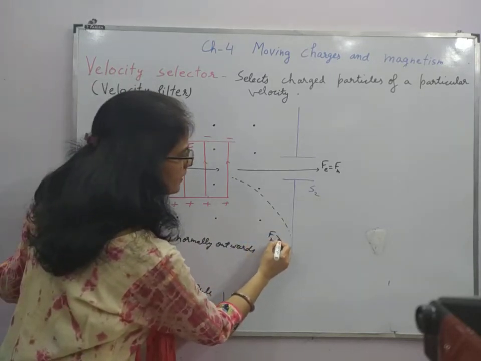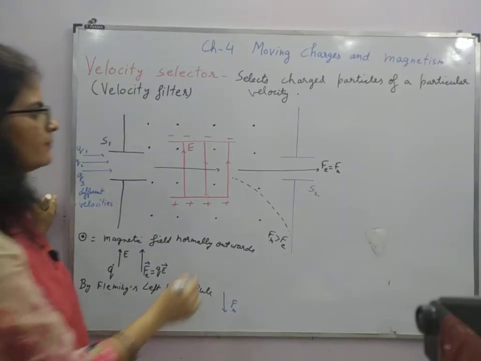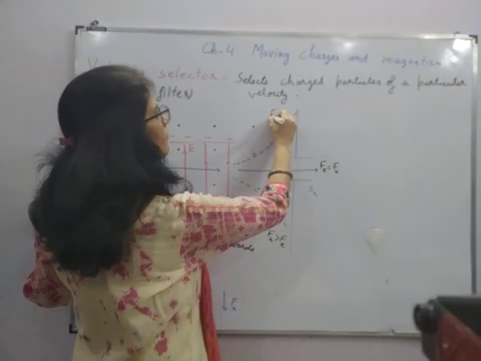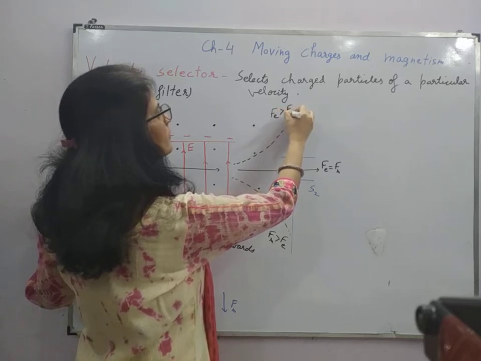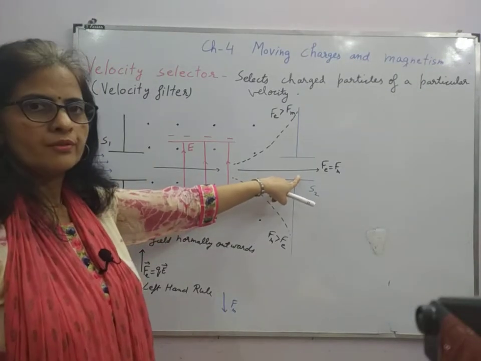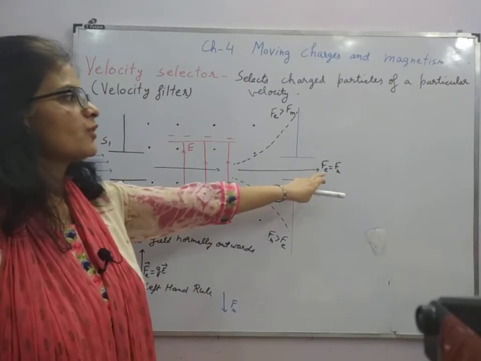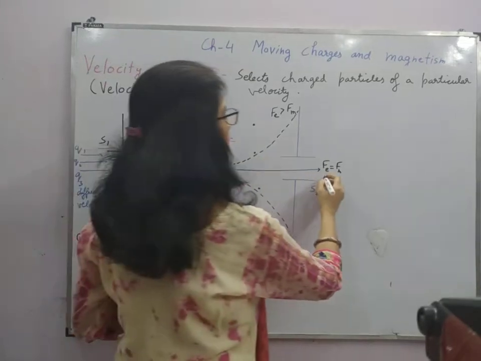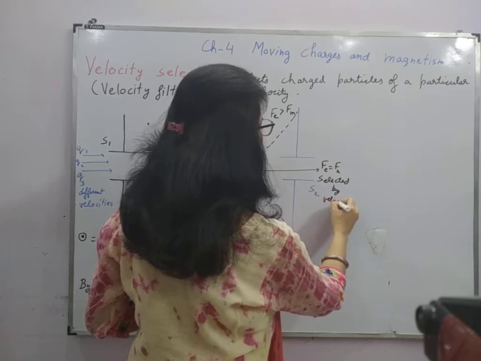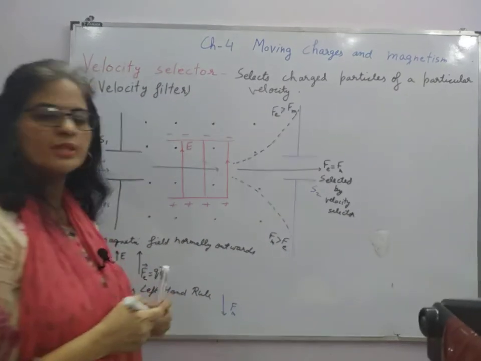So here for these particles, Fm is more than Fe. Magnetic force is downwards, right? And for the particles for which the electric force is more, these will go this way. But for the particles where electric and magnetic forces are equal and balance each other, these will go undeflected, and these are selected by velocity selector. I hope this is clear.